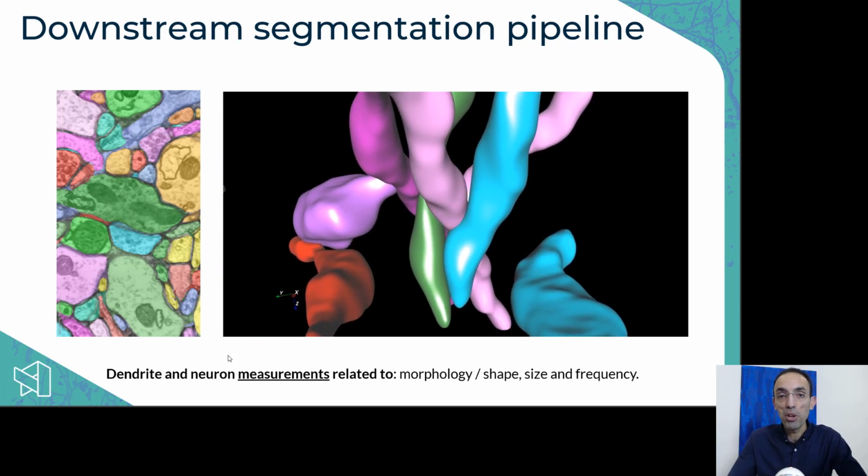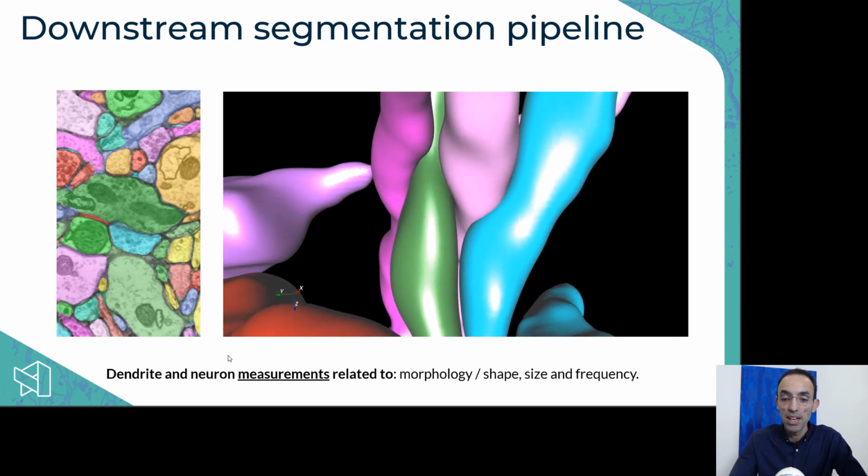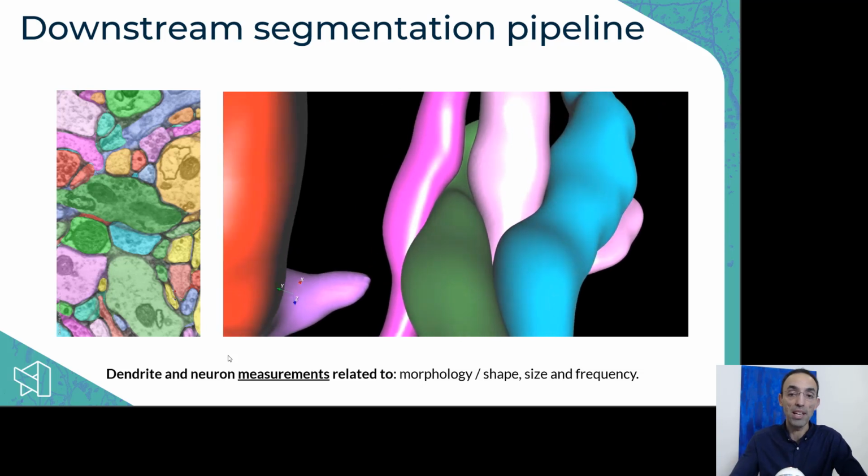We do get a number of measurements out of these reconstructions related to morphology, shape, size, and frequency. So how many there are, how long are the segments, how thick they are, and a whole myriad of parameters related to the dendrites that we have detected.